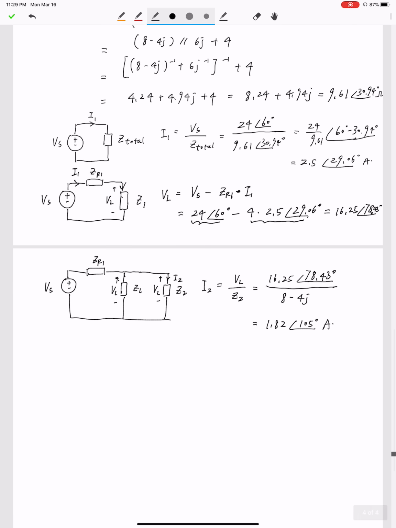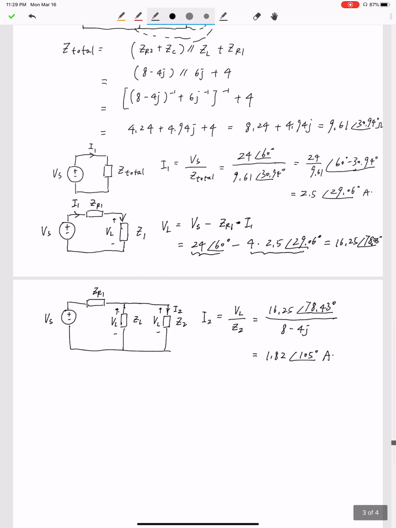And after we have I2, VC can be easily calculated, right? And we do one step reverse. This is ZR2, this is ZC, and this is I2.